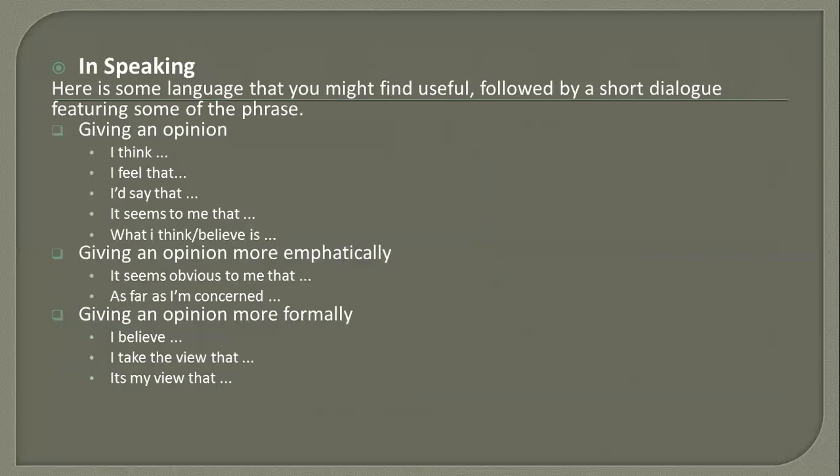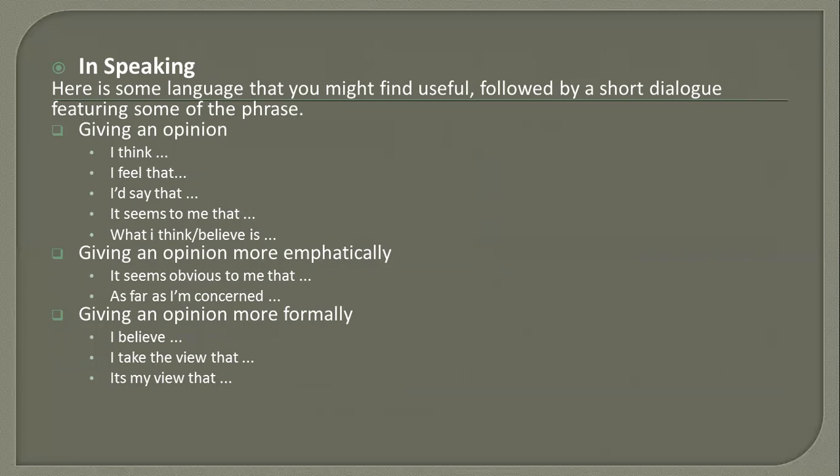Second, in speaking, here is some language that you might find useful, followed by a short dialogue featuring some of the phrases. First, giving an opinion, such as: I think, I feel that, it seems to me that, what I think or believe is.